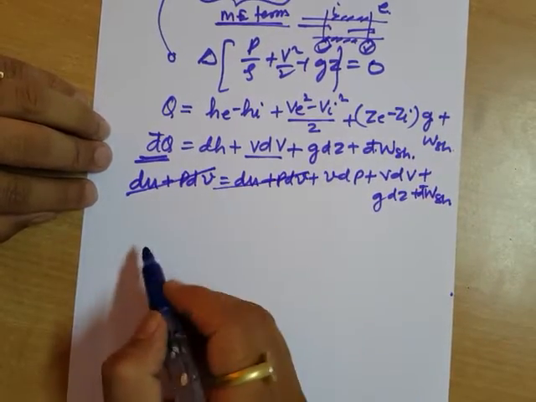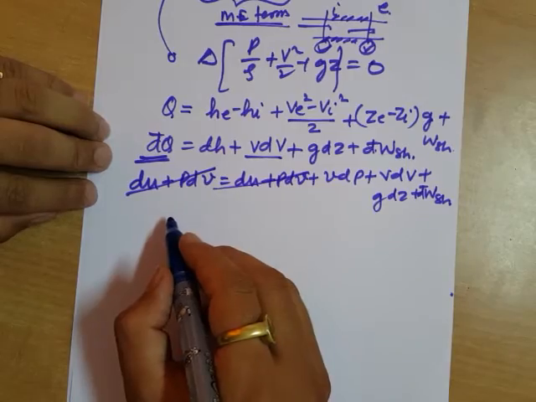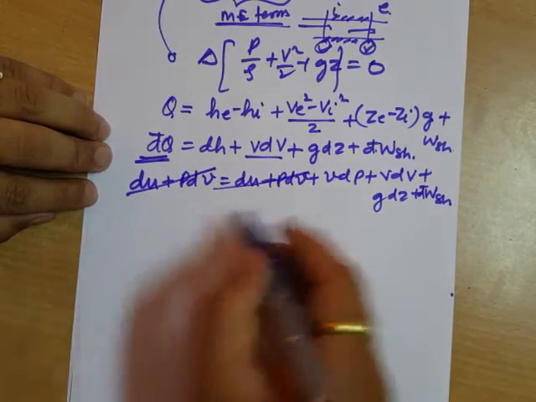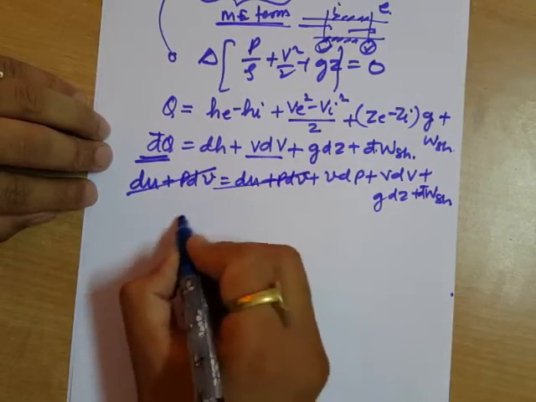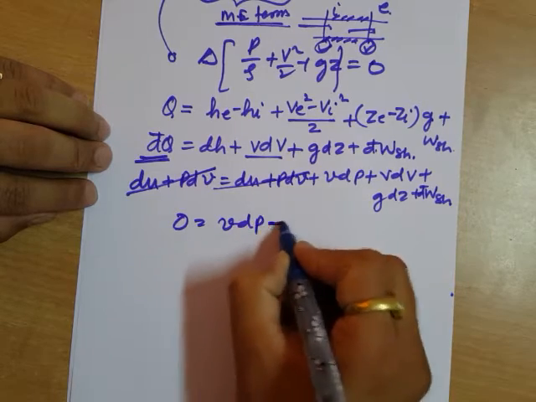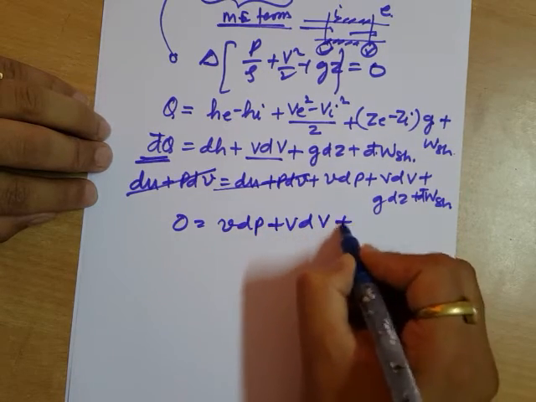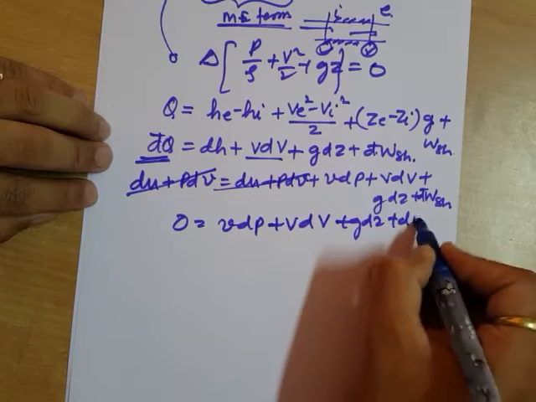So this thing will go, and what is left is vdp plus VdV plus g dz plus dW shaft.